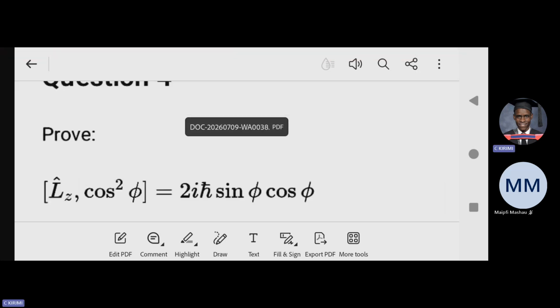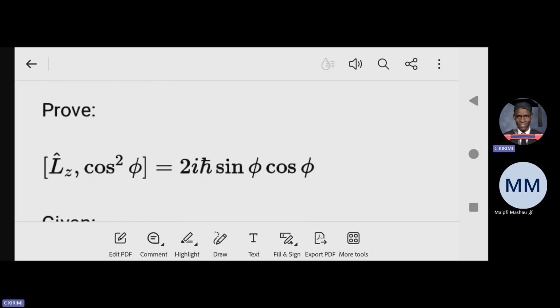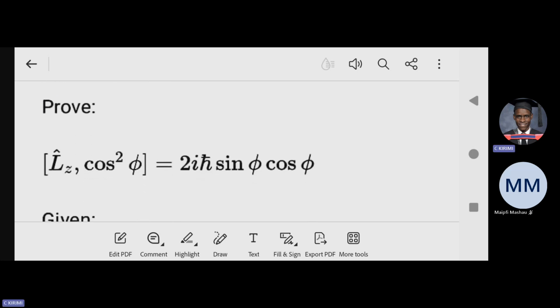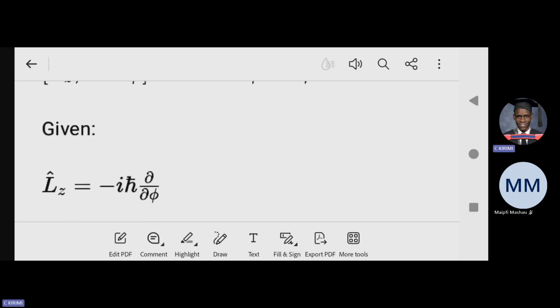That is number 4, question 4. All right. So L_z commuting, this is what we are supposed to prove, right? So what are we given? We are given this information: L_z, the angular momentum in the z direction, is minus i h bar partial phi.